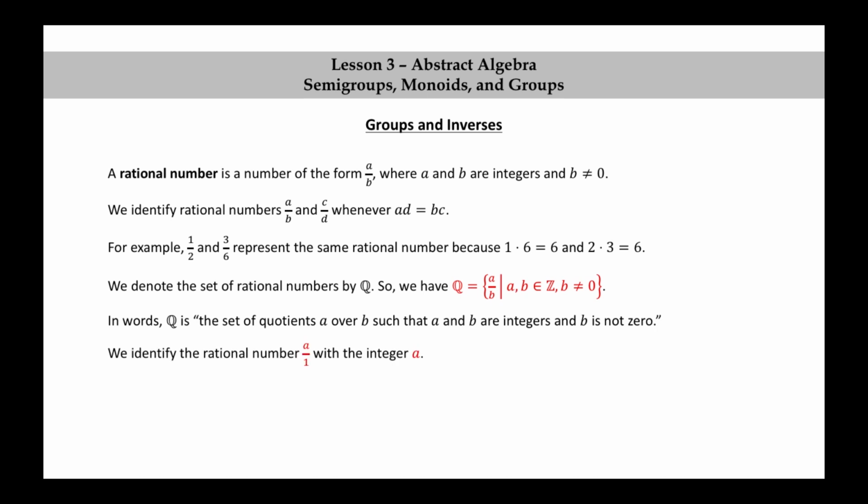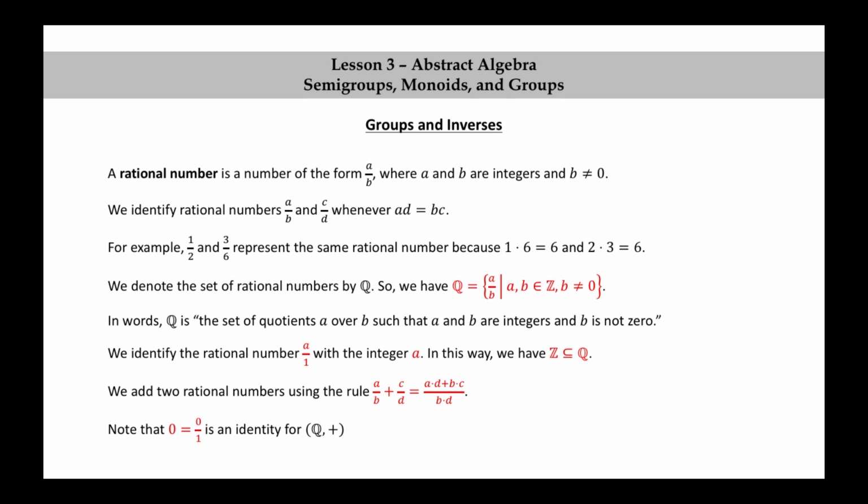We identify the rational number a/1 with the integer a. In this way, we have that the set of integers, Z, is a subset of the set of rational numbers, Q. We add two rational numbers using the rule a/b + c/d is equal to (a times d + b times c) over (b times d).